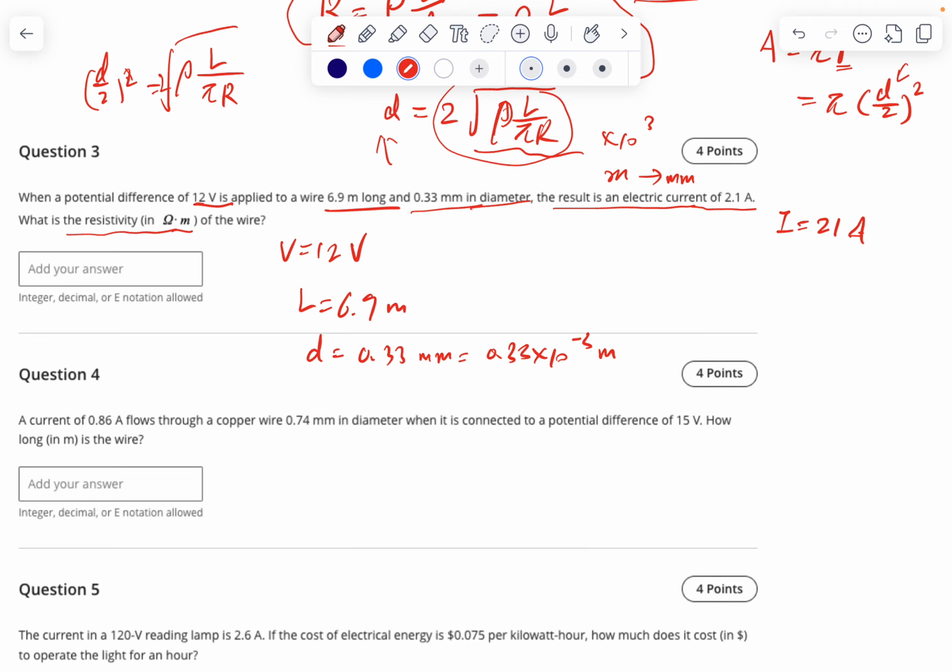What is the resistivity? So we're looking for rho.